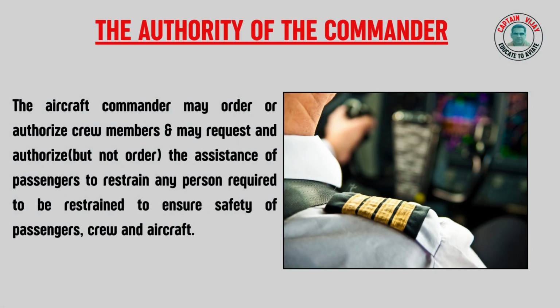The authority of the commander. Here, by commander, we mean the captain of the aircraft. The aircraft commander may order or authorize crew members and may request and authorize, but not order, the assistance of passengers to restrain any person required to be restrained to ensure safety of passengers, crew and aircraft.